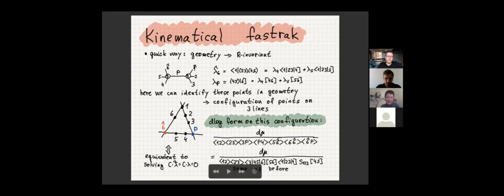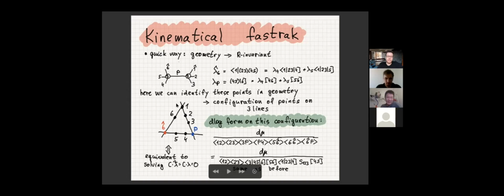Now, lambda 1 is not shifted, so lambda 1 hat is just lambda 1, but lambda 6 is shifted. And once you solve for the shift, the standard procedure such that this leg is on shell and both of the 4-point amplitudes on the sides are also on shell, you get a solution in terms of lambda, lambda tilde for lambda 6, and you get a solution for lambda P. It has this particular form, some linear combination of these lambdas. And we can just identify it.